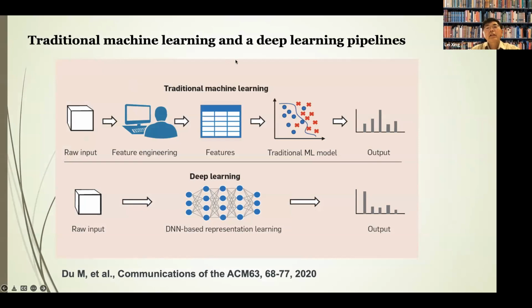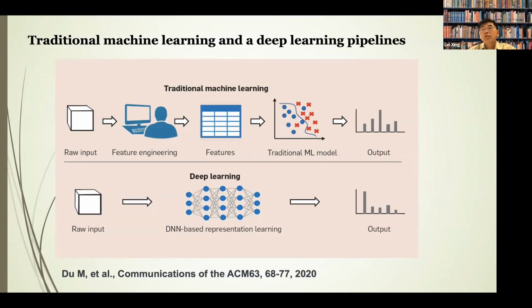Traditional machine learning and deep learning, so these are just the pipelines. Traditional machine learning has been used for all the clinical studies before deep learning got popularized in 2015.